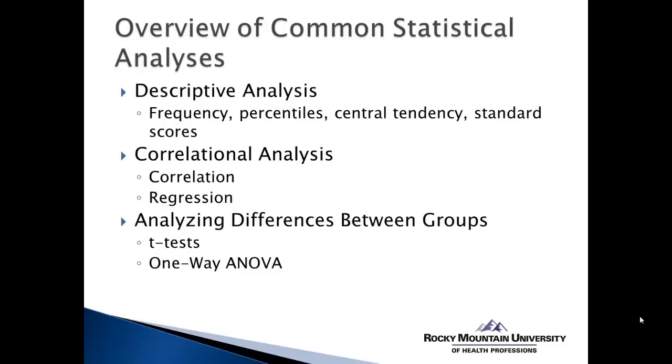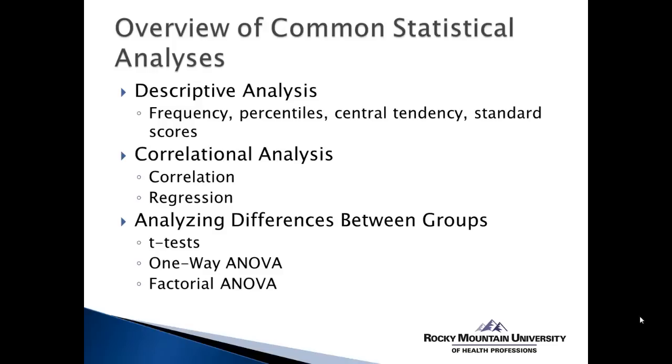So similar to t-tests, there are only two types of one-way ANOVAs: a repeated measures ANOVA, the same people on more than two occasions, and between groups or independent samples ANOVA, where we're comparing the mean scores of two or more different groups of people.